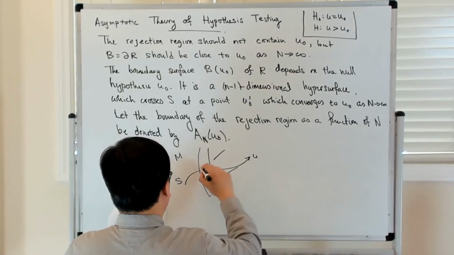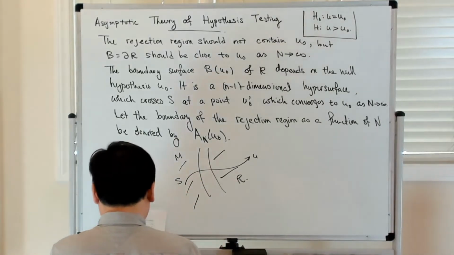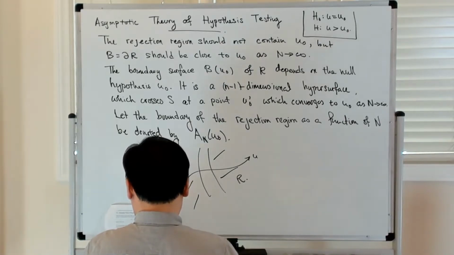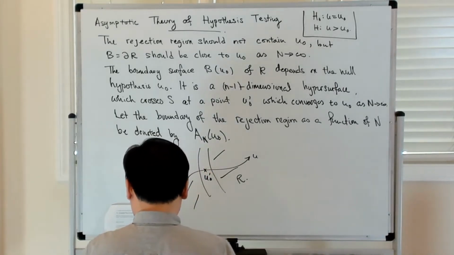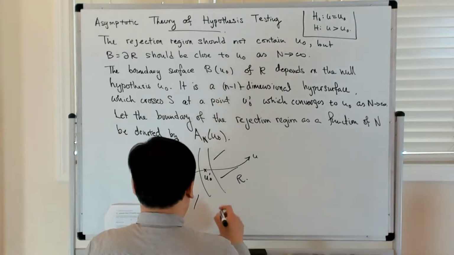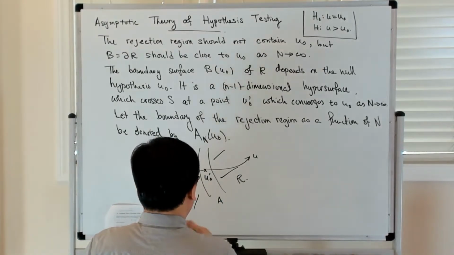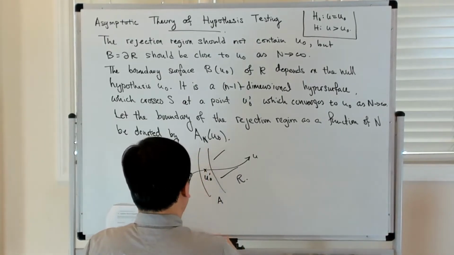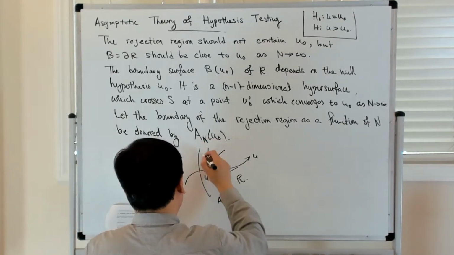So this region here is R. And then there's this U0 prime. And this set here is, well, you have some sort of rejection region, and then this is the boundary. Well, this piece here is the boundary.